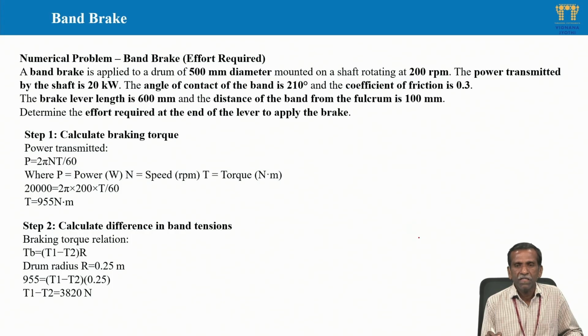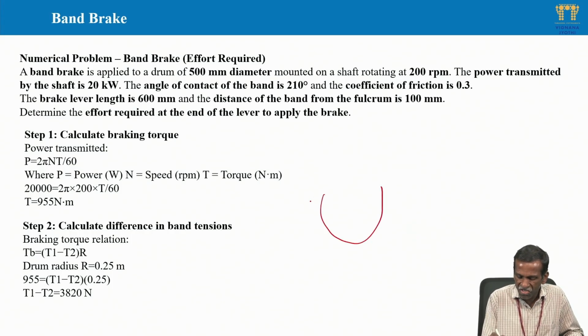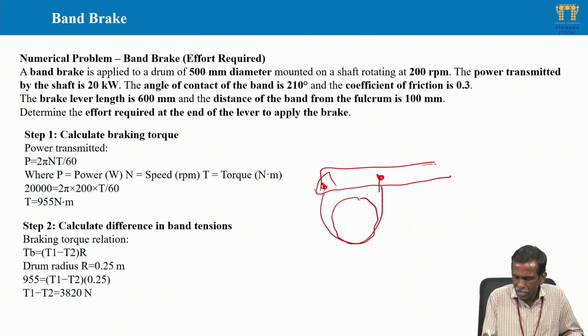So what do you mean by this? The distance of the band from the fulcrum is on this lever. One end is attached to the fulcrum and the other end is on the lever. This is the drum which is going to rotate, and here we are going to apply the effort.